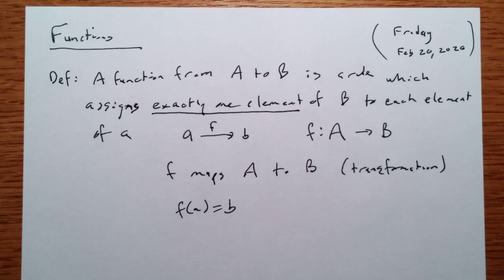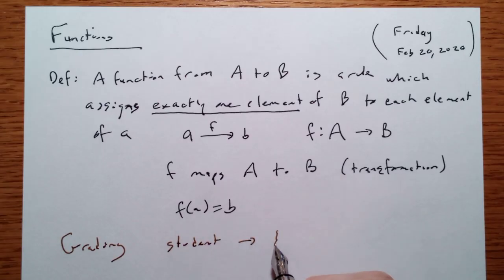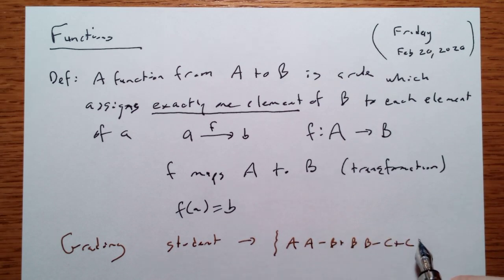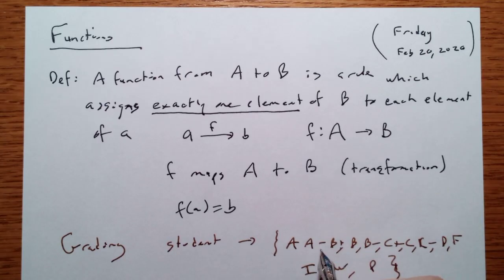In a sense, think of grades. A grading is a rule by which I assign to each student a value from the set of grades. I think these are all the grades that are available at Seton Hill.